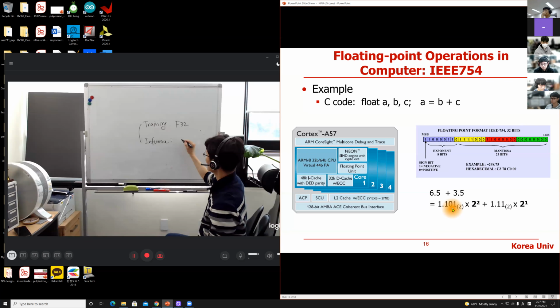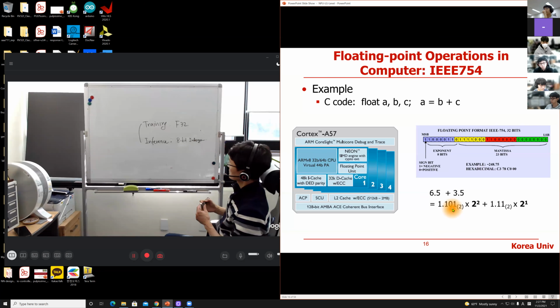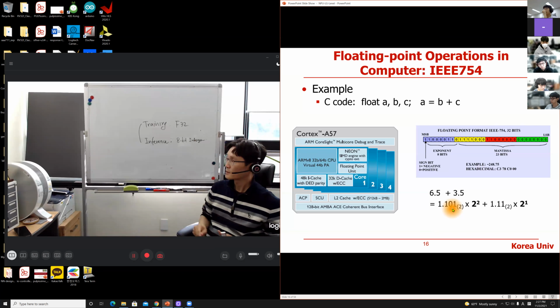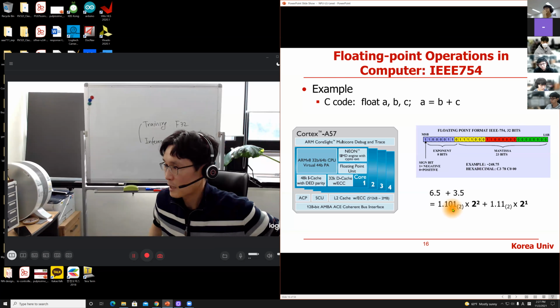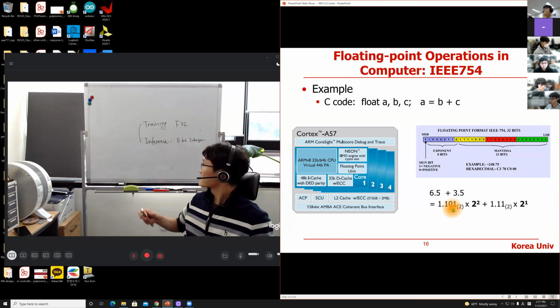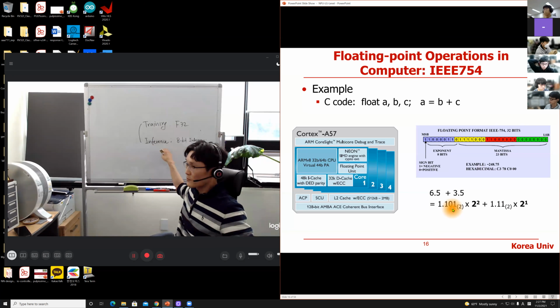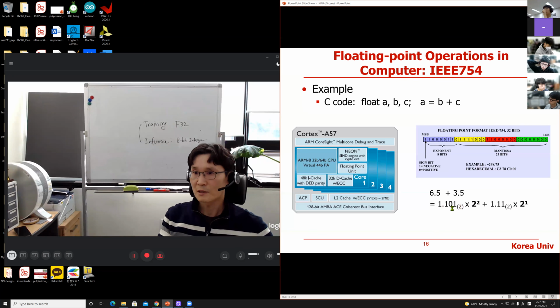And for inference, we are using 8-bit integer. People typically use these two. So for training, this one; for inference, 8-bit. That is why I brought up this format.